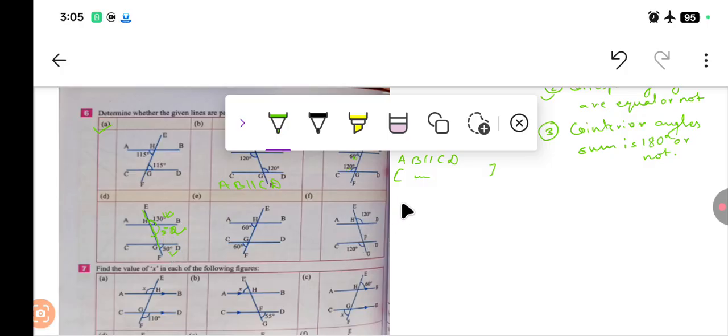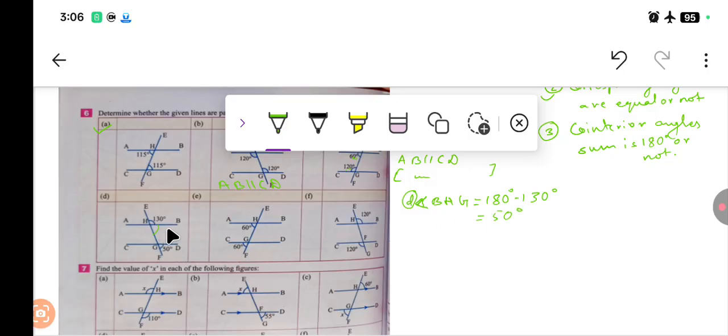So over here you have to solve question number D like this. First you have to find this 50. Let me write it clearly so that you will understand. This angle over here is angle BHG. Angle BHG will be equal to 180 minus 130 degrees, which is equal to 50 degrees.